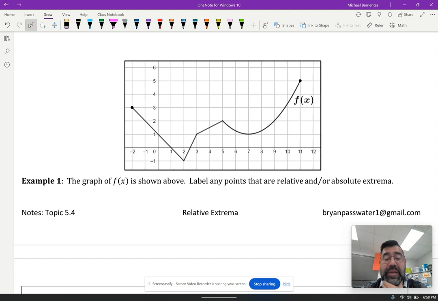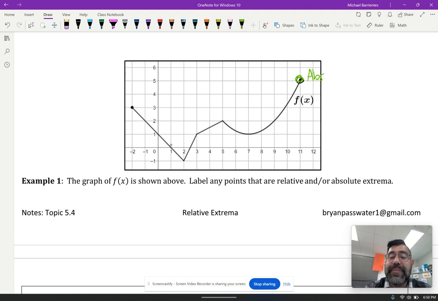Okay. So let's start with the absolute points. Is there an absolute max? Yes. There's a highest point of this function, which is defined from x equals -2 to x equals 11. Let me use a different color, this is the absolute max. So how would I write that?